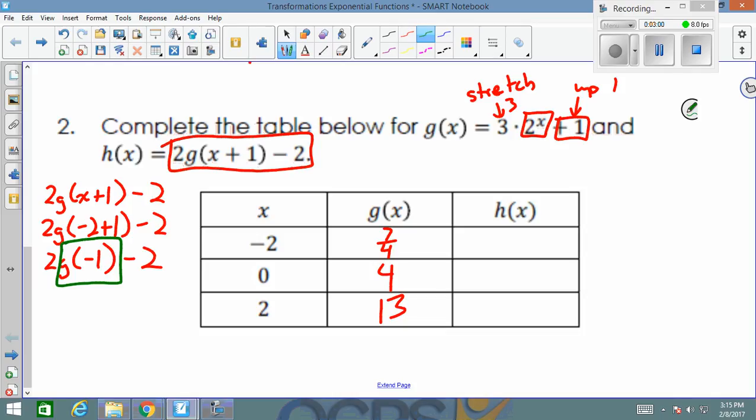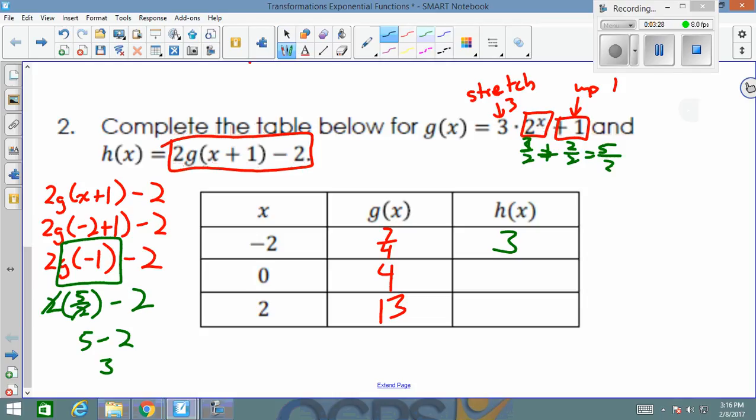So I need to put -1 into this function. Well, that would be 1/2 here. 3 times 1/2 would be 3/2. And then 3/2 plus 2/2 would be 5/2. So this would be 5/2 here, divided by 2. These 2 will cancel out, so I'm just looking at 5 minus 2, which is 3. So this would be 3.